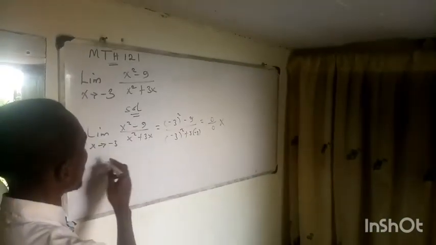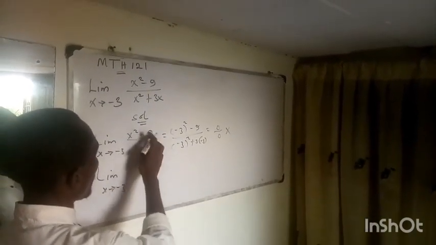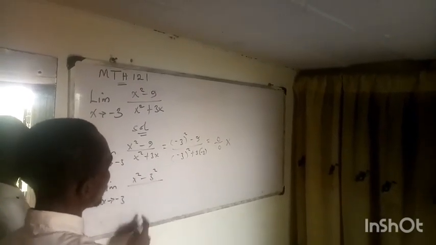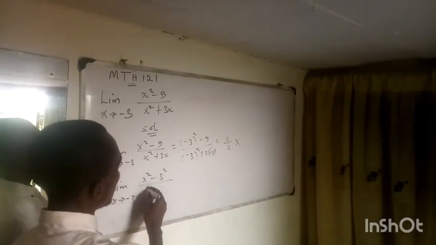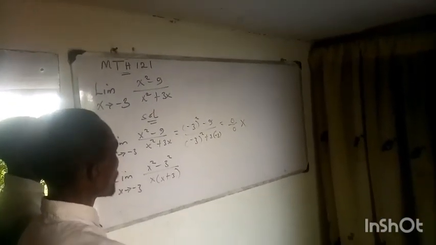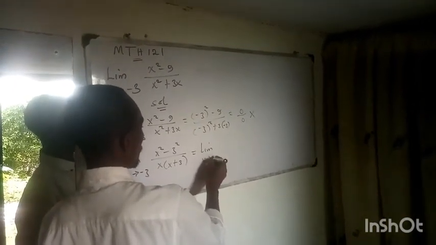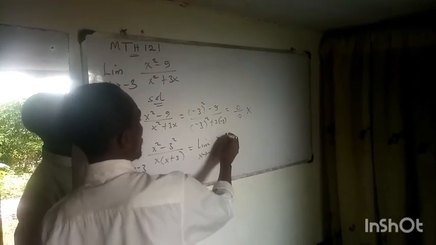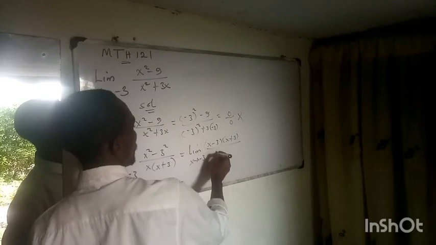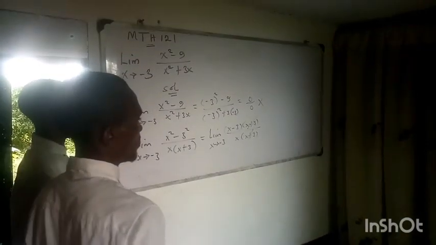So let me simplify. We'll have the limit as x tends to minus 3. When you simplify this, you can write the numerator as this, and then you can factorize what is down as this. Then definitely you can use the difference of two squares at the numerator to have something like this, and this can now cancel this.